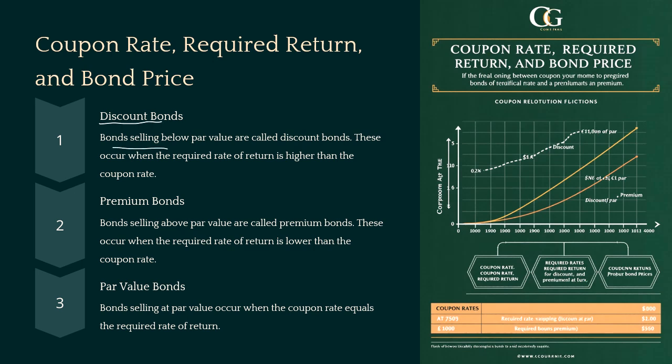This bond sells below par value, and this occurs when the required rate of return is higher than the coupon rate. So the yield here is higher than the coupon rate, and the price is below par. Just like my previous example, we have a price of 980 and par is 1000, so this is the same. So that is also a discount bond.